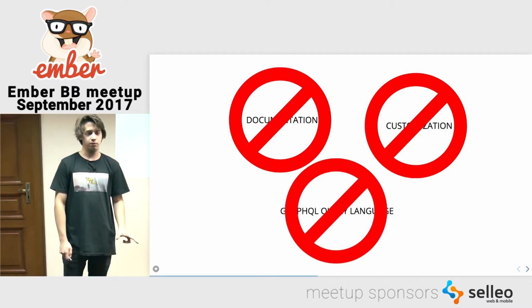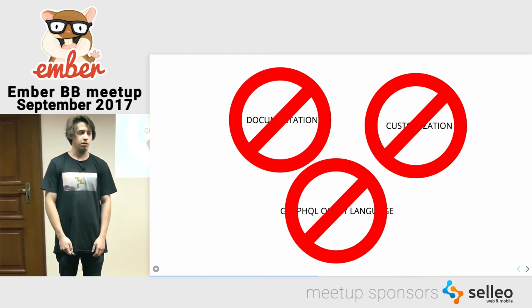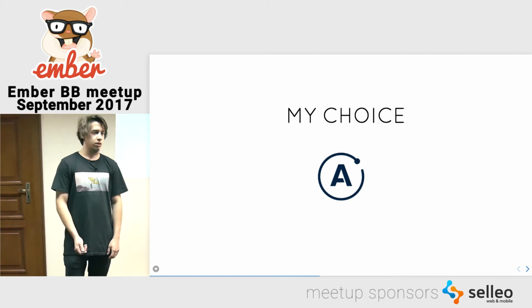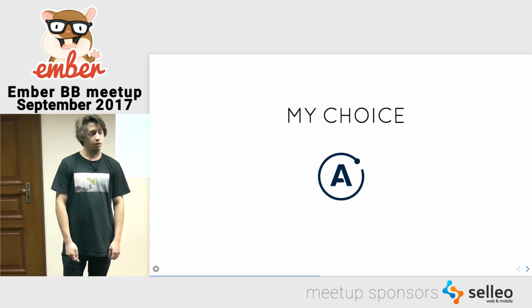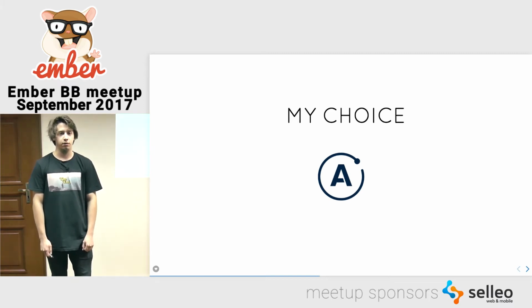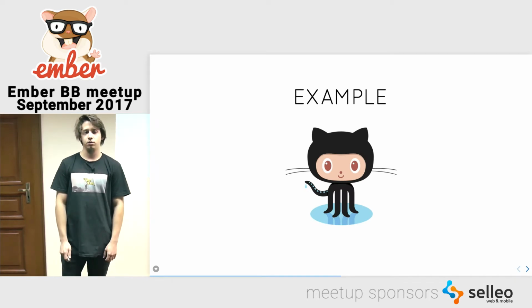So these three things made me choose the Ember Apollo client, and it works really well, I think. So let's go to a short example of how to use it with Ember.js.